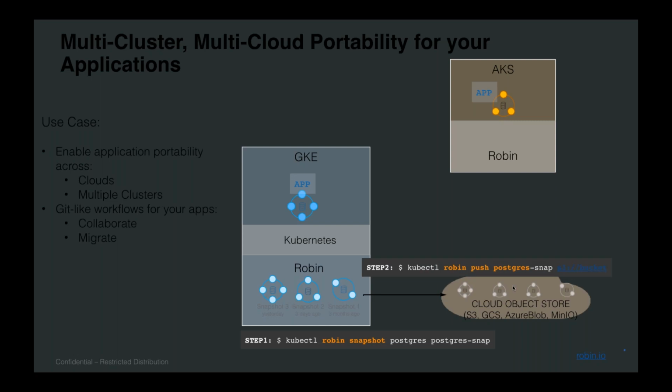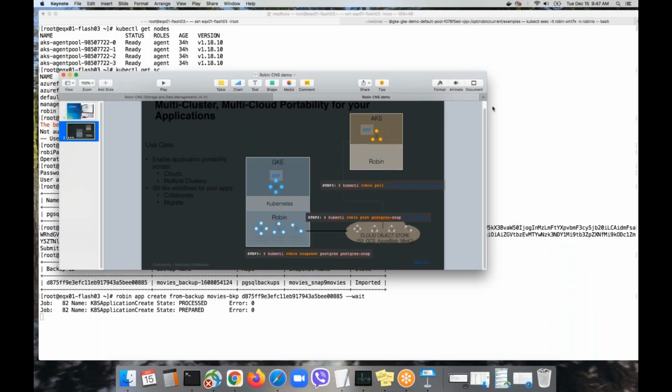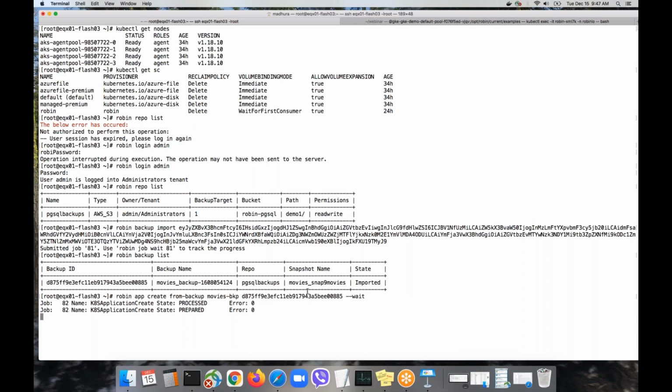We pushed the snapshot to that S3 bucket, and now we are pulling that snapshot on the target cluster, and then we will spin up the same app that we had created on the GKE cluster onto our AKS cluster. So let's see what's happening right now. So this will create PVCs.